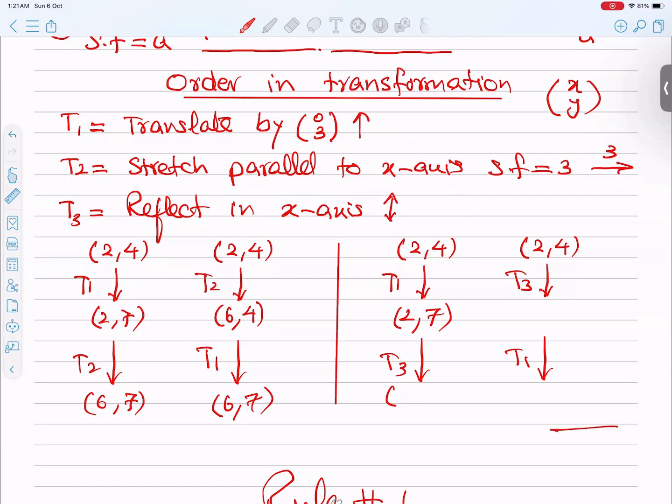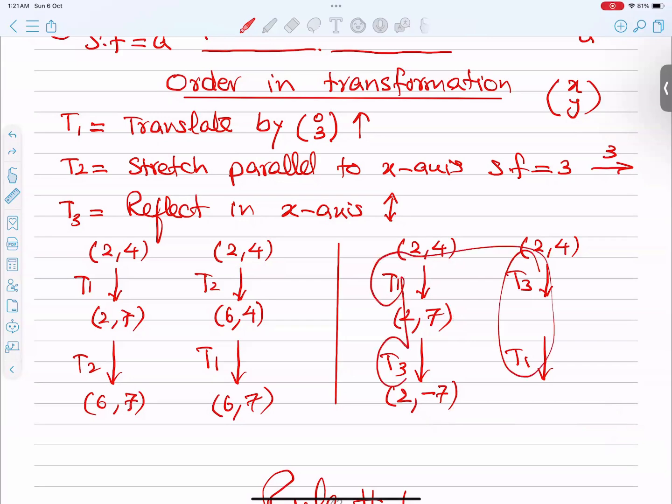So it means how much up, down. So x remains the same, but the y value will change. When any point reflects in the x-axis, for example, this point will reflect here, the x value will remain unchanged, but the y value will become negative in sign. So in this sense, 2 remains the same, and this 7 becomes -7. Now we would do the reverse order. You see T1, T3, then T3, T1, the opposite reverse order.